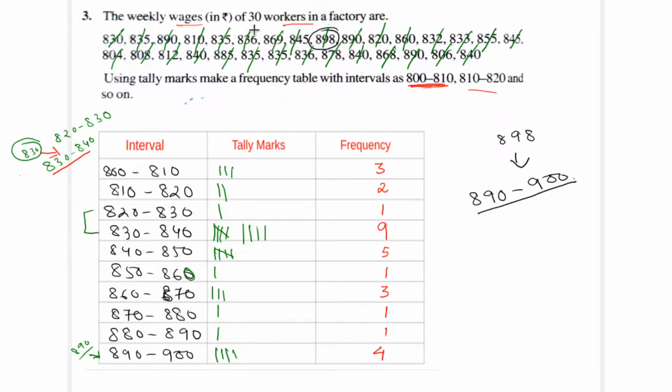As there are 30 workers, we can check whether our answer is correct or not. If the total of our frequencies is 30, then our table is correct. So 4 plus 1 is 5, plus 5 is 10, plus 10 is 20, plus 10 is 30. So this is 30, which means our frequency distribution table is correct.